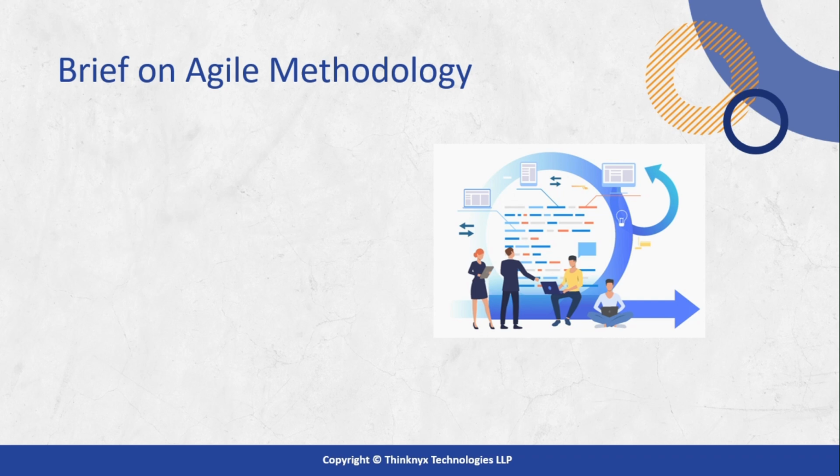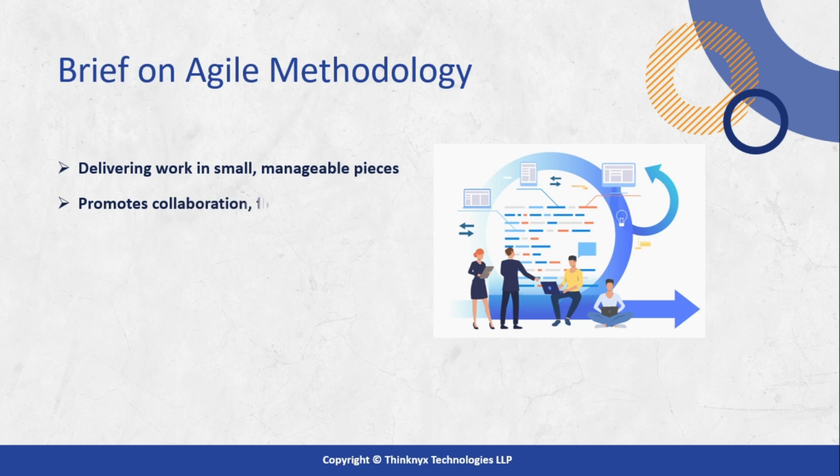It is a popular project management approach that focuses on delivering work in small, manageable pieces with continuous improvement and adaptability. Agile promotes collaboration, flexibility, and regular feedback, making it ideal for dynamic environments, especially in software development.